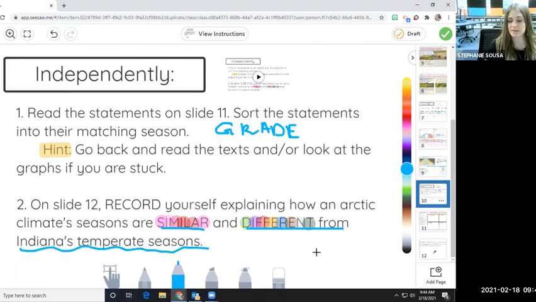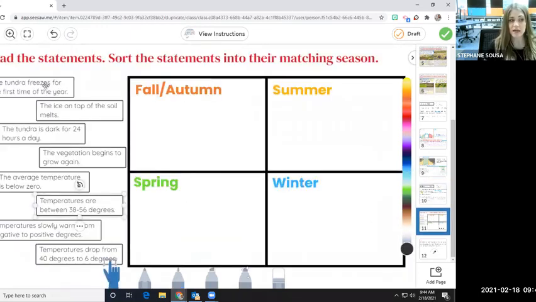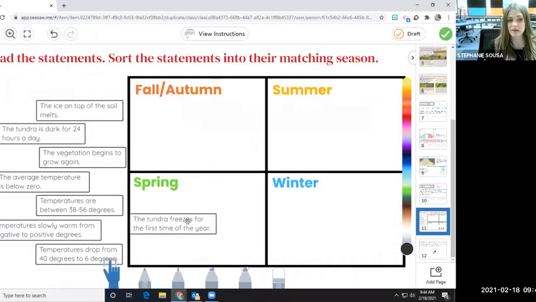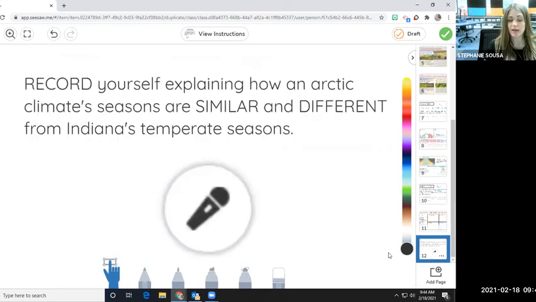Okay, so I'm grading two things. I'm grading slide 11 if you put these statements in the correct season. And I am grading your explanations on slide 12. This is a speaking grade, so you have to record it.